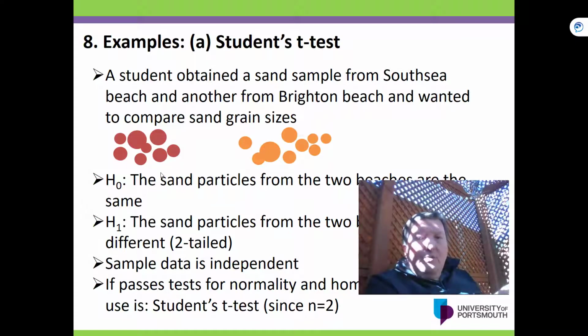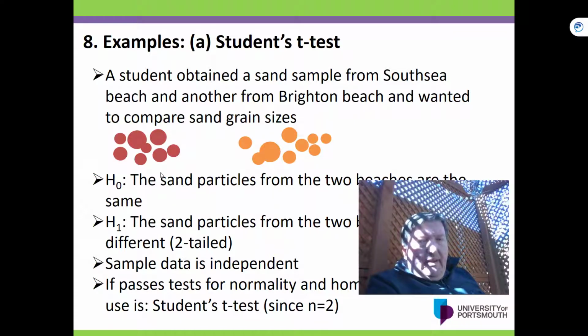So some might be coarser, some might be finer. Is there a significant difference between the grain size between these two samples?